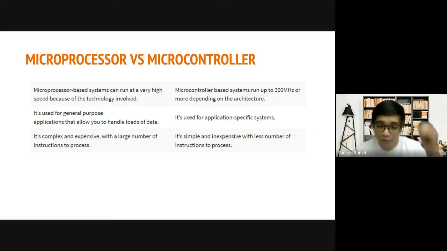That's why in our embedded system discussion, embedded systems are really specific in terms of output and capability. A microprocessor is complex and expensive with a large number of instructions to process. A microcontroller is simple and inexpensive with fewer instructions to process.